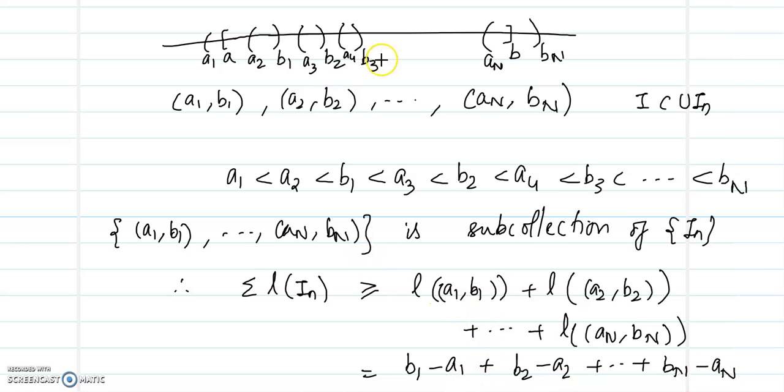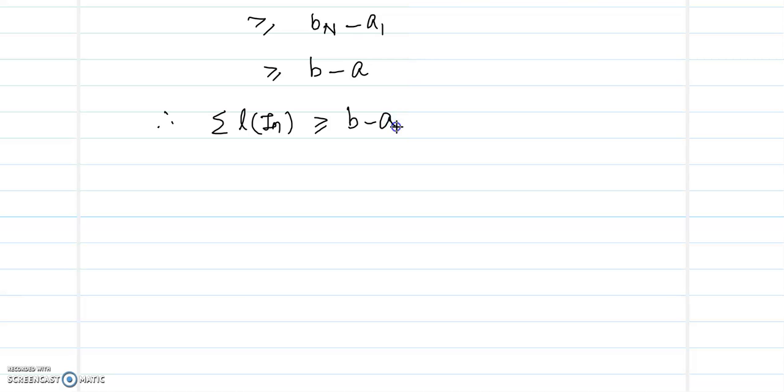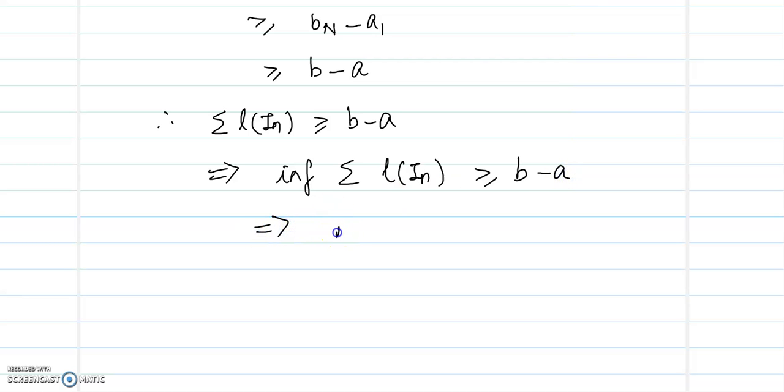Now this will be greater than or equal to Bn minus A1, which you can see from the figure, so it will be greater than or equal to B minus A. Therefore summation over length of In is greater than or equal to B minus A. This holds for any covering, so the infimum of summation of length of In will be greater than or equal to B minus A. This is m star of I by definition of outer measure. So m star of I is greater than or equal to B minus A.